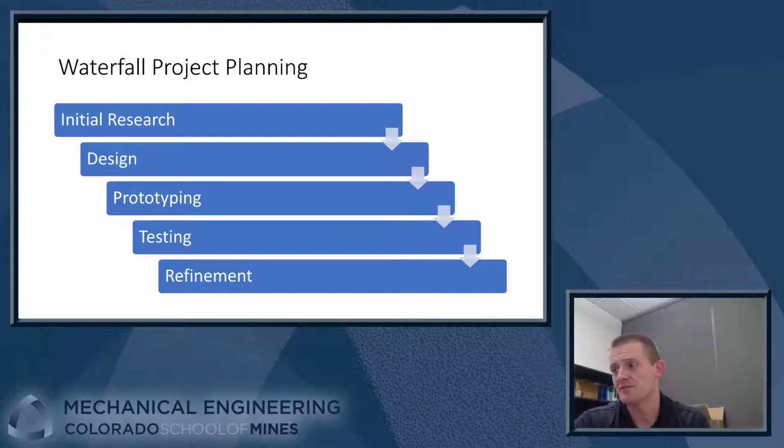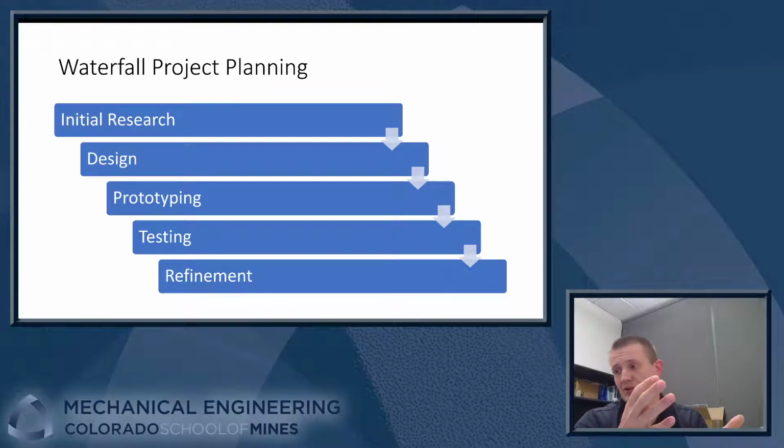All right, so if you've done project planning before, you've probably used a method that's kind of old school, it's been around forever, called Waterfall. Waterfall follows this basic process. It looks kind of like a waterfall with boxes leading into the next box, where you do some initial research. Then we move into a design phase where we sketch up our prototype in blueprints or in CAD or something like that.